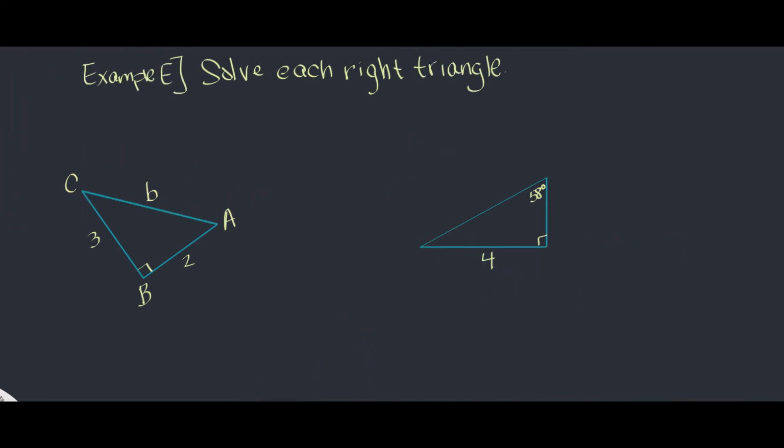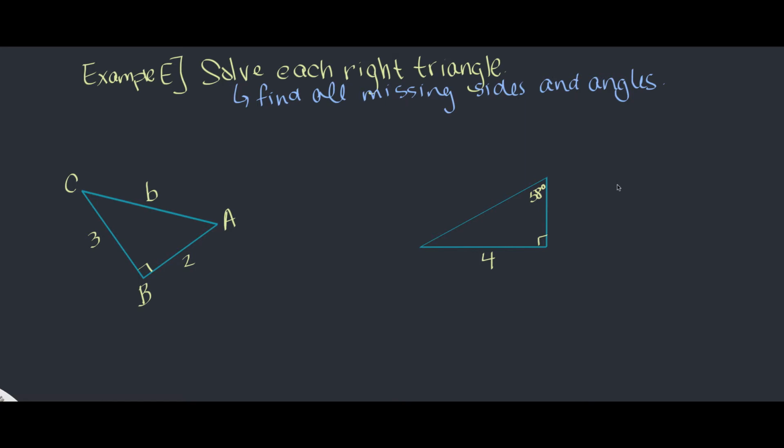And finally, we can use trigonometry to do what we call solving right triangles. To solve a right triangle means to find all missing sides and angles. Basically, when you're through solving a right triangle, all three sides and all three angles should have measures.